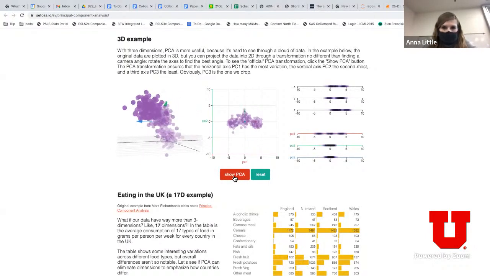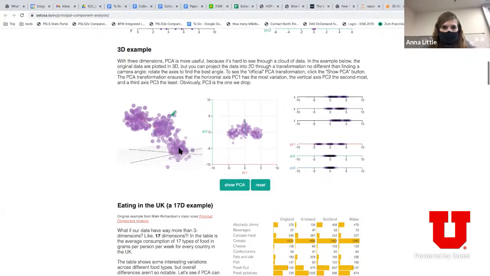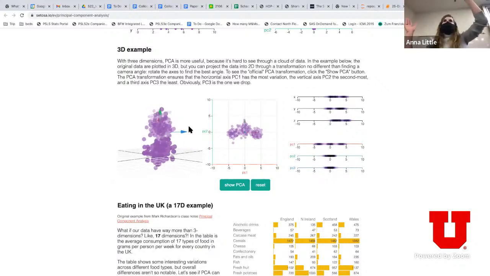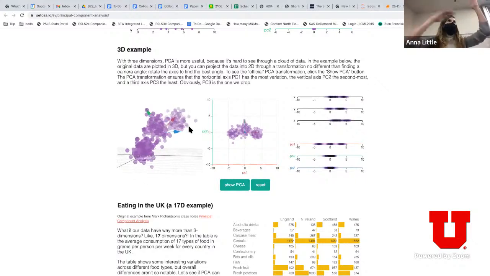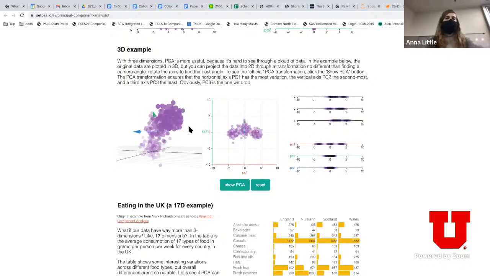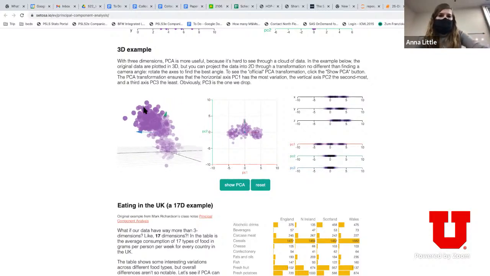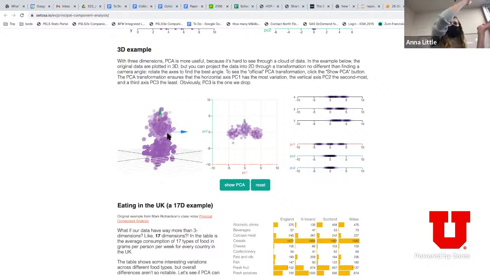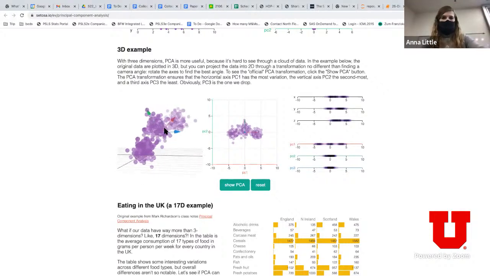Now, when I hit the show PCA button, notice it computes a new coordinate system. Those arrows shift, they go from the standard XYZ coordinate axes. Now they follow this direction of greatest variance in the data. You see how this data set is really elongated along that red line.